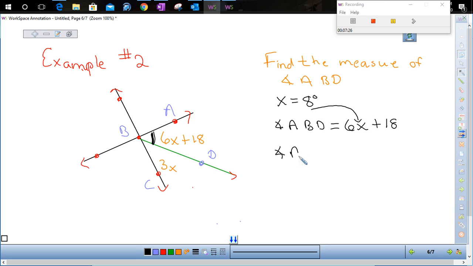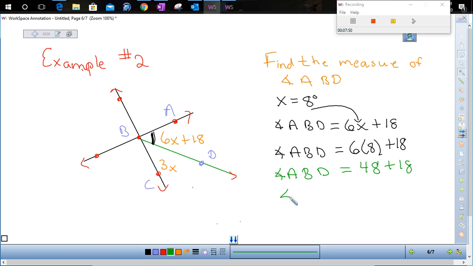So angle ABD is going to be equal to 6 times 8 plus 18. So angle ABD is equal to 48 plus 18.